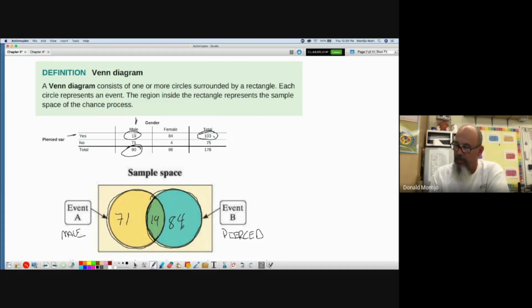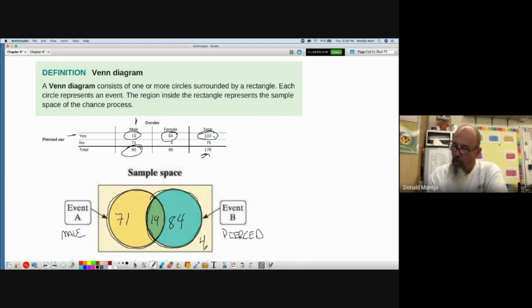So this tells me that there are 84 people with their ears pierced who are not males, 84 females with their ear pierced. Now this total has to always add up to the table total of 178. Right now it only adds up to 174. Therefore, there must be 4 individuals out here.